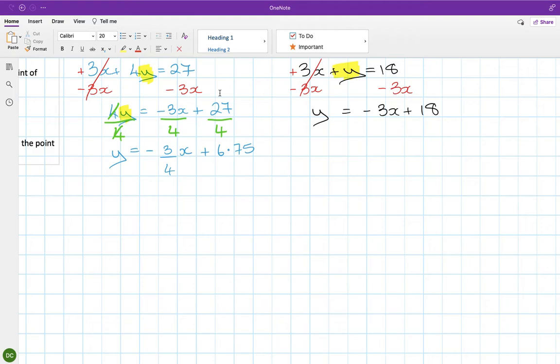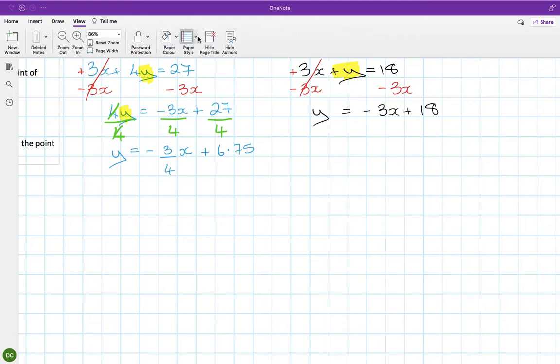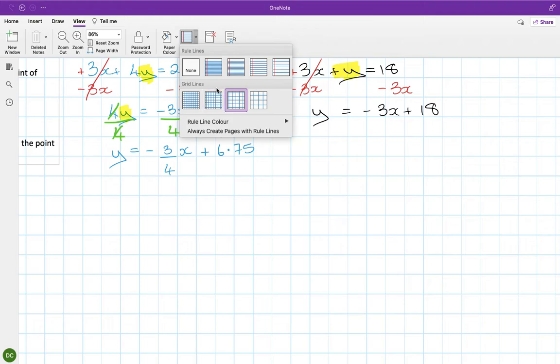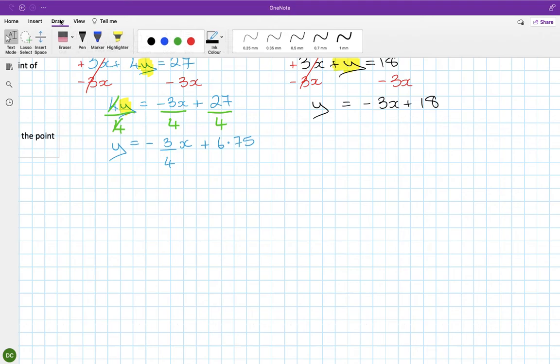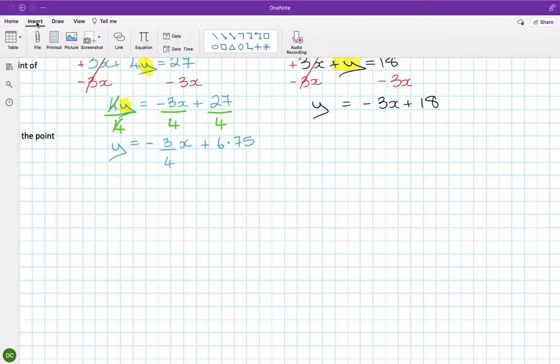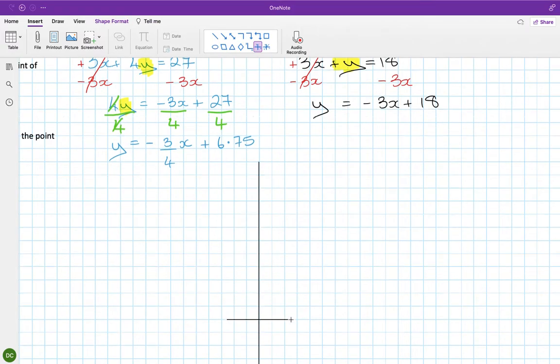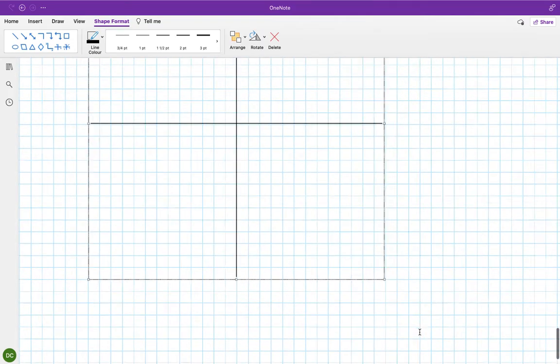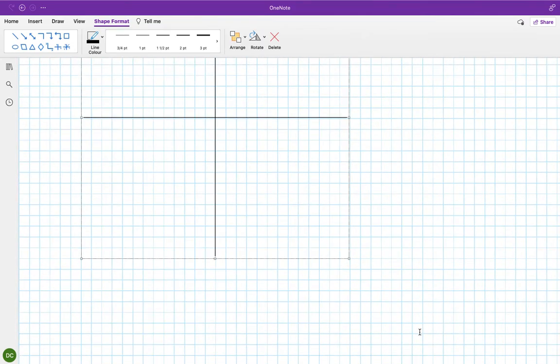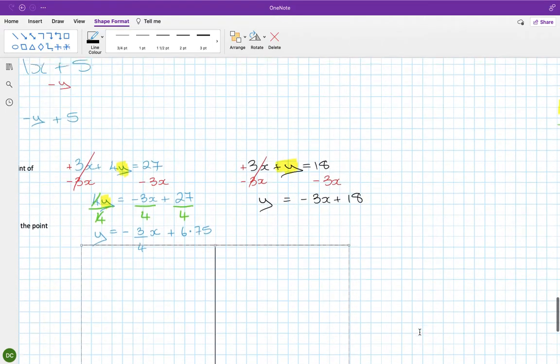Now, I need 18 here, and then obviously 6.75. I can't quite figure out if I need negatives. I don't think so. Okay, I'm just looking at my slopes.